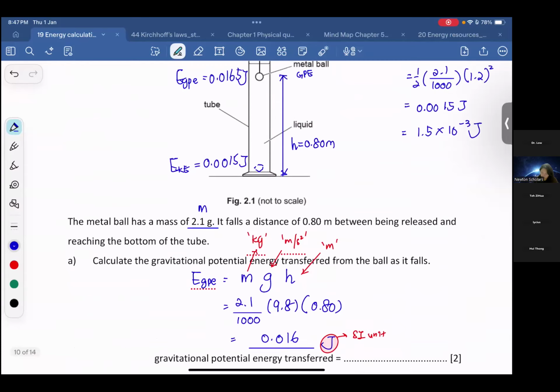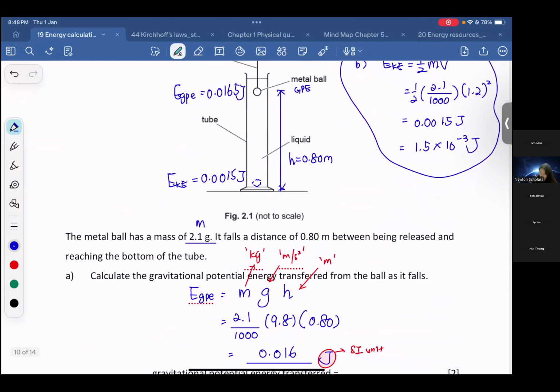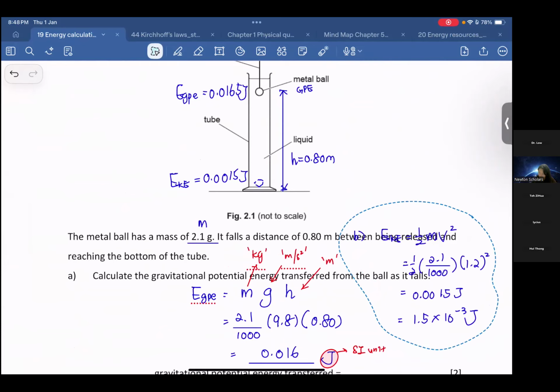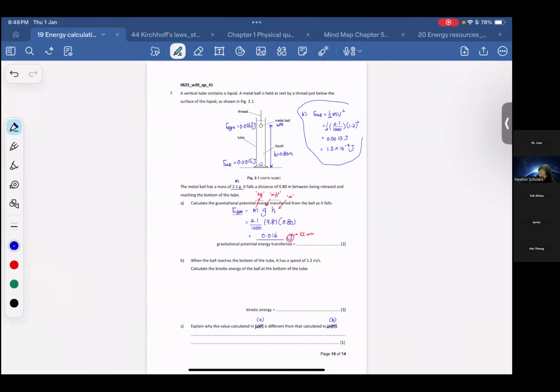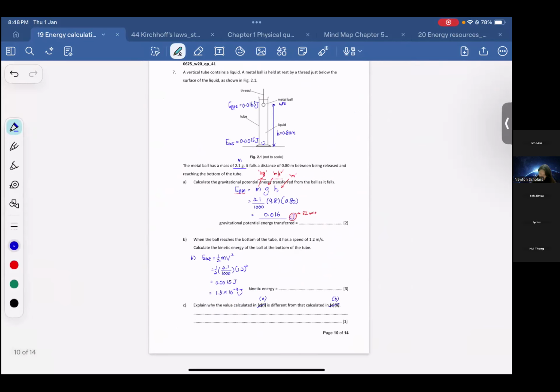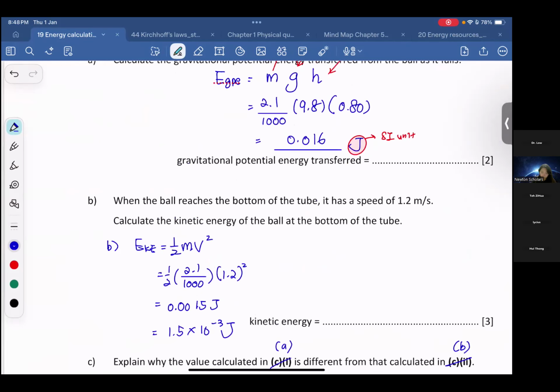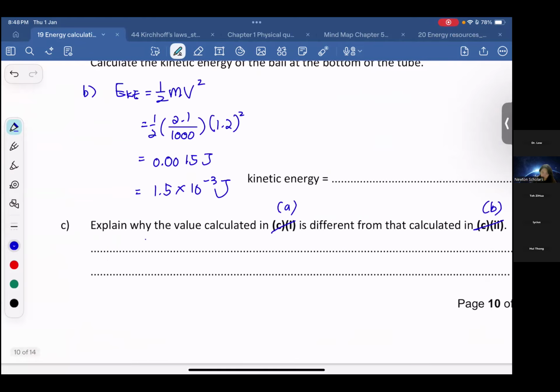So this one, the kinetic energy, is B. Let me move it down. Why? Because of friction, or drag, or resistance.